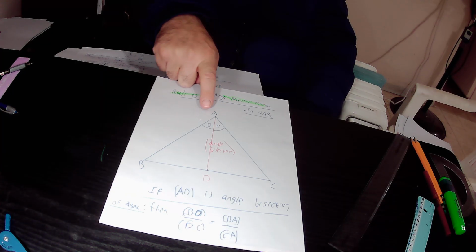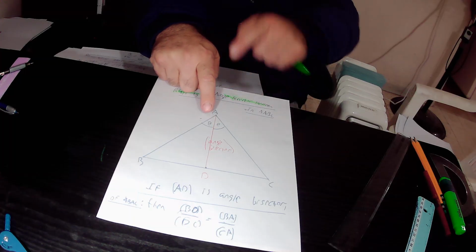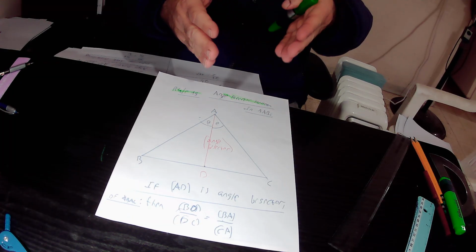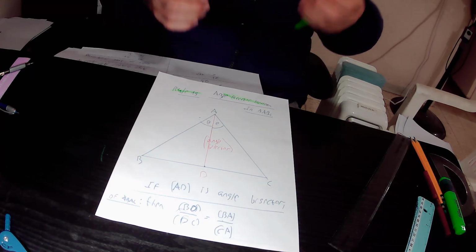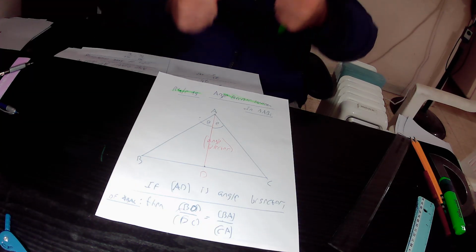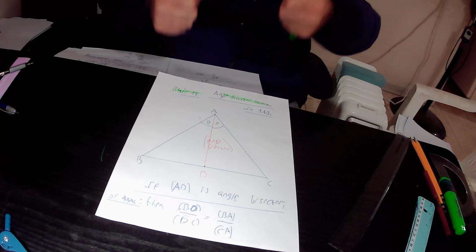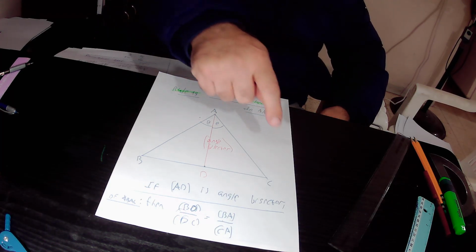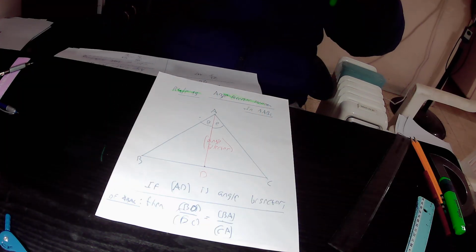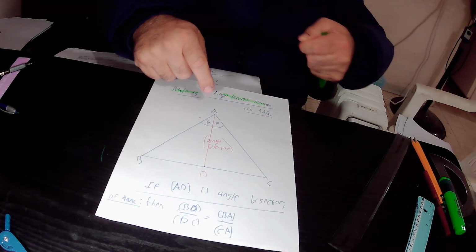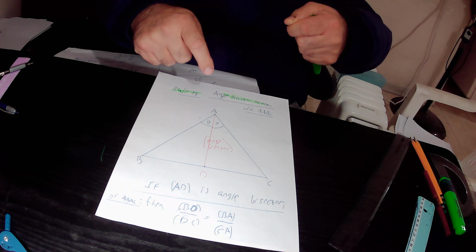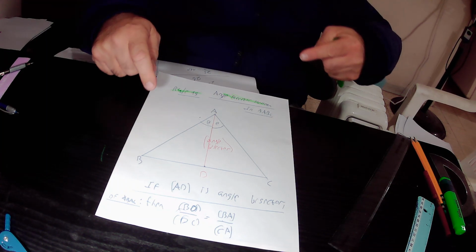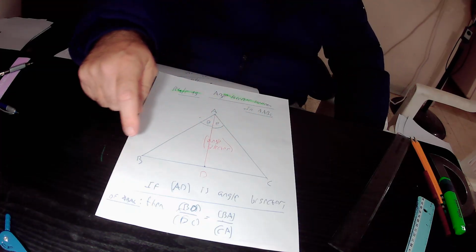Because it divides angle BAC into two halves, each half equal to theta. And because AD is the angle bisector of this triangle ABC, it divides the sides of this triangle ABC proportionally. That is to say, BD over DC equals BA over AC.